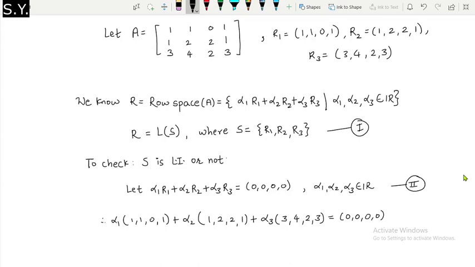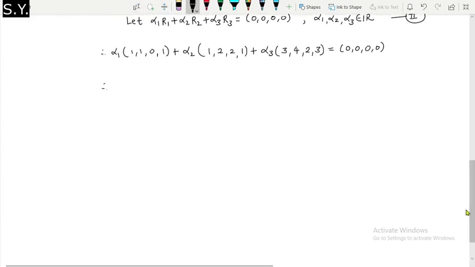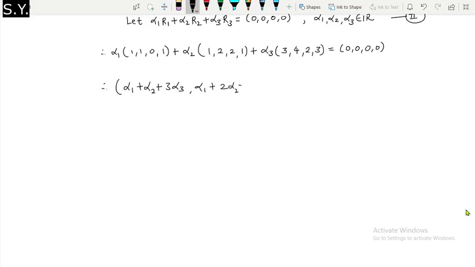Now let us do the calculations. Therefore we are going to get (alpha 1 plus alpha 2 plus 3 alpha 3, alpha 1 plus 2 alpha 2 plus 4 alpha 3, 2 alpha 2 plus 2 alpha 3, alpha 1 plus alpha 2 plus 3 alpha 3) equal to (0, 0, 0, 0).